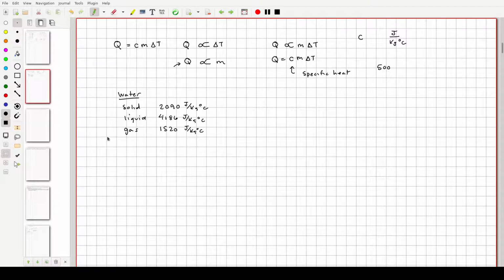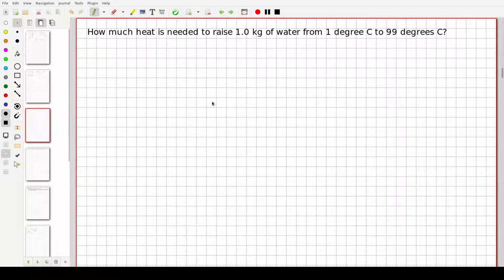So that said, let's work an example. How much heat is needed to raise 1 kilogram of water from 1 degree Celsius to 99 degrees Celsius?